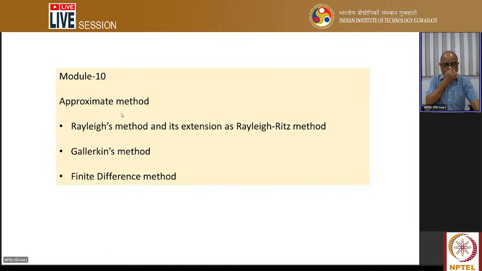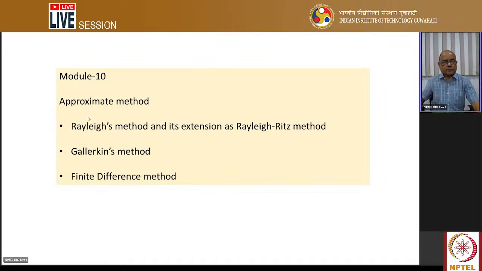In module 10, we have given some of the approximate methods that are used to obtain the natural frequencies in a continuous system. This is not only restricted to continuous systems, but any dynamic system can make use of these approximate methods.